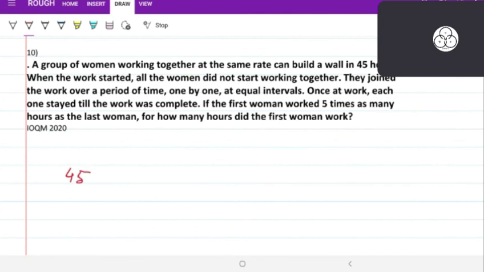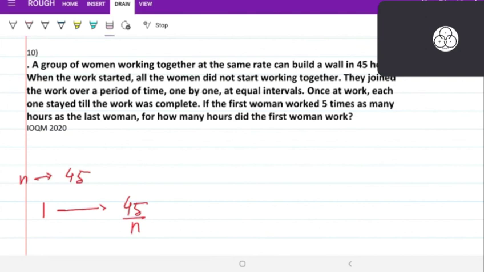45 hours. n persons can do a task in 45 hours. One person can do the task in 45 by n hours? Is it? One person is requiring less time?